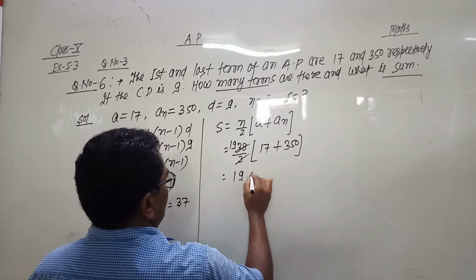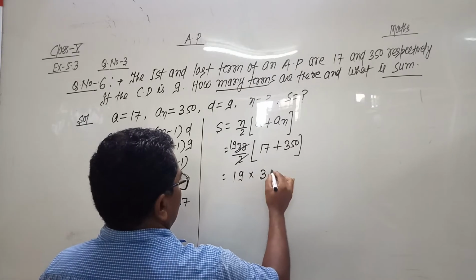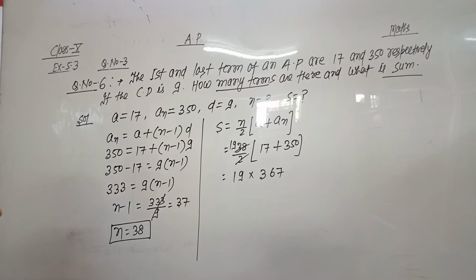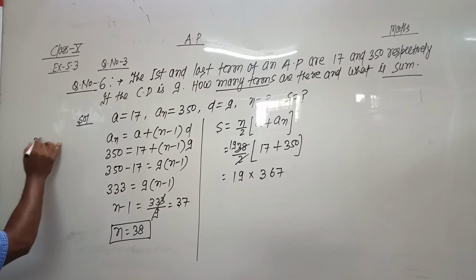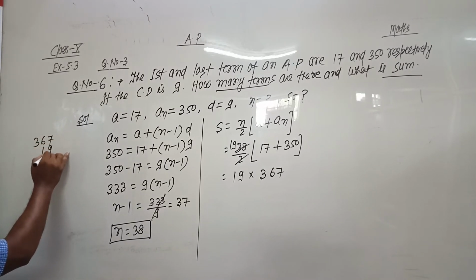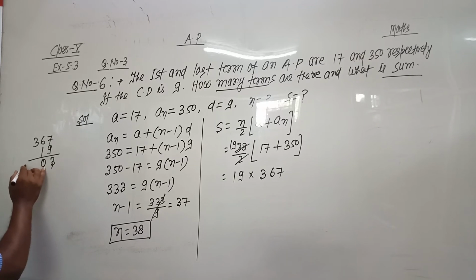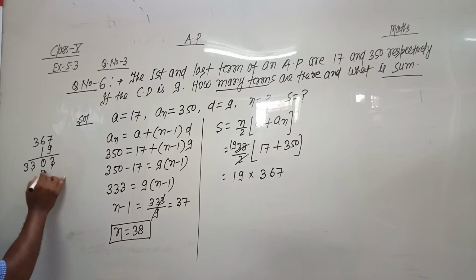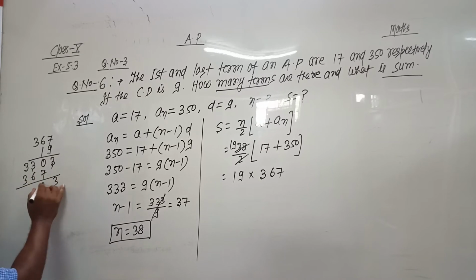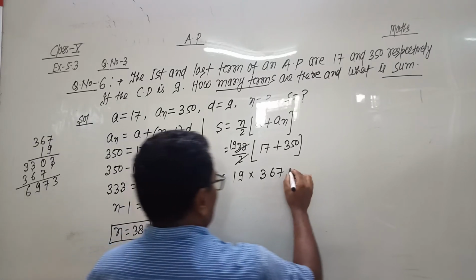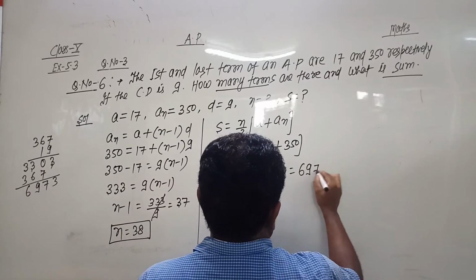So 19 into 367. 350 plus 17 is 367, so 367 into 19 is 6973.